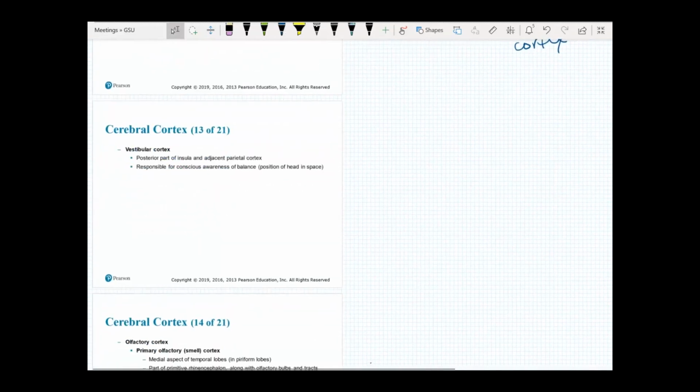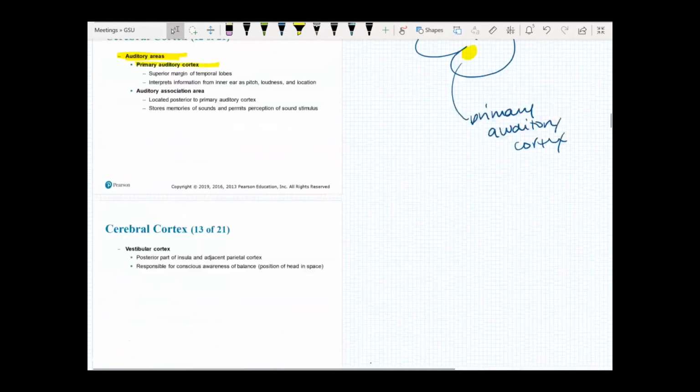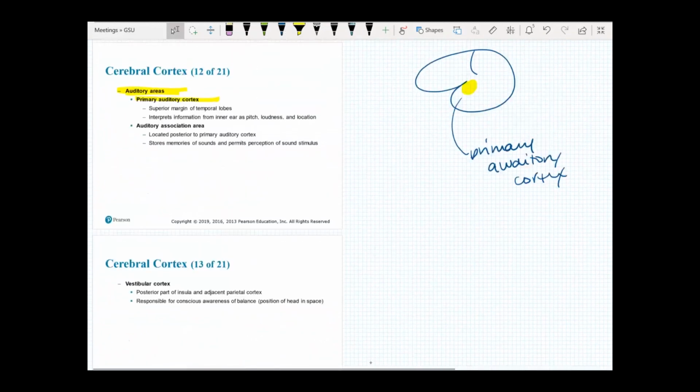Your vestibular cortex will be underneath all this in your insula right there. And that will be where you can find your vestibular cortex that is picking up this information. Vestibular will be conscious awareness of balance, so how you are holding your head in space.